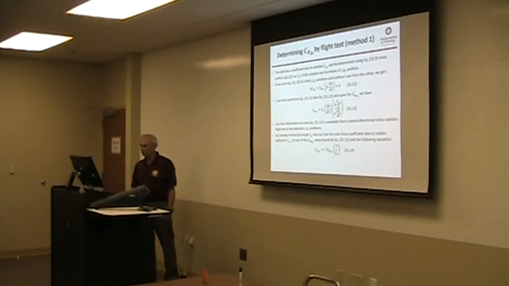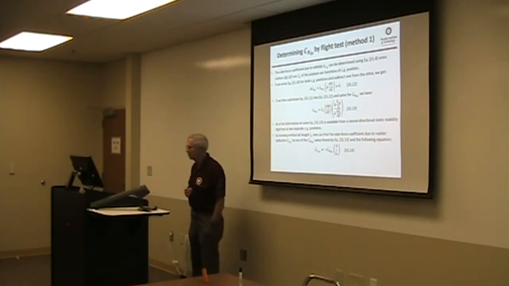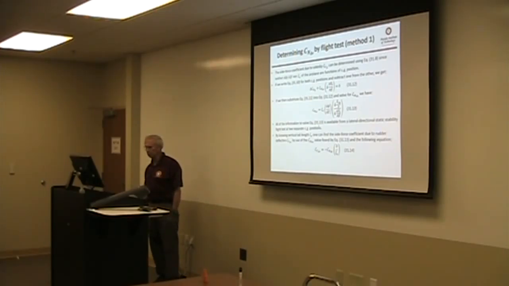And then we substitute that into this equation, and we solve for Cn delta R. Lift coefficient we can get since we know what the airplane weight was, and using this equation, we can come up with that.